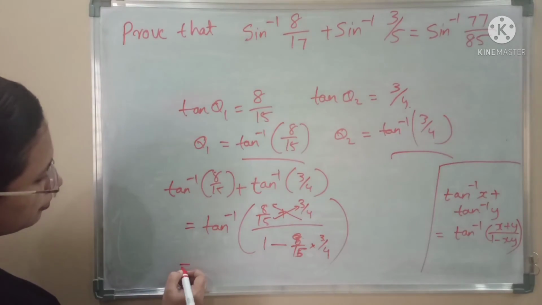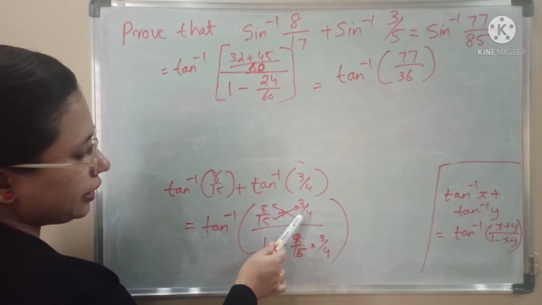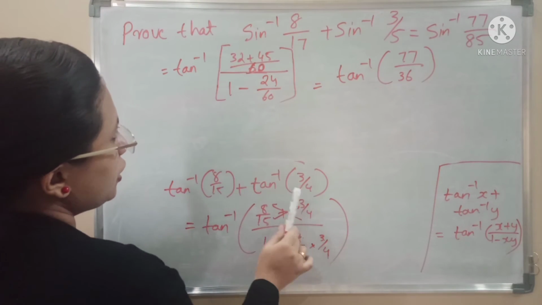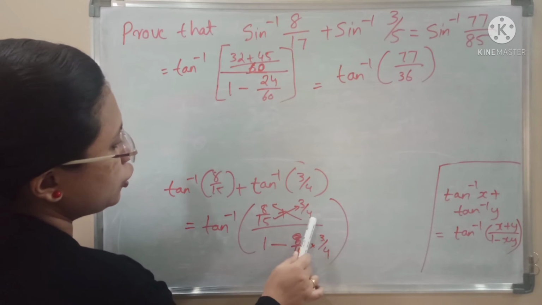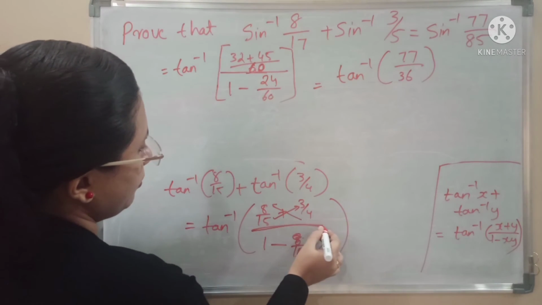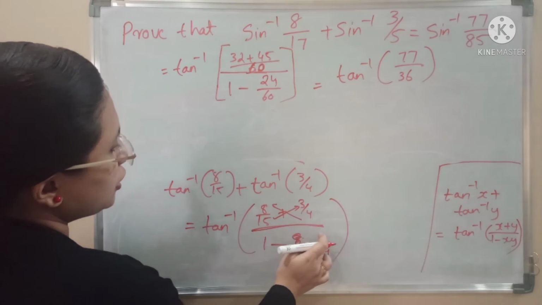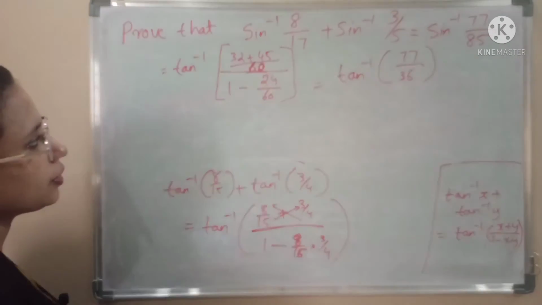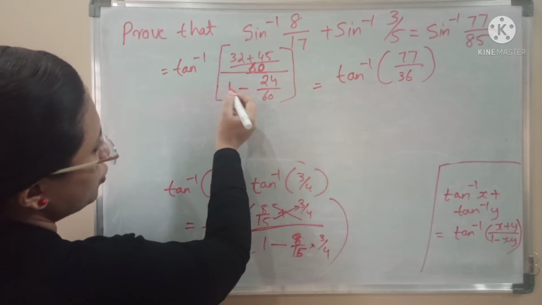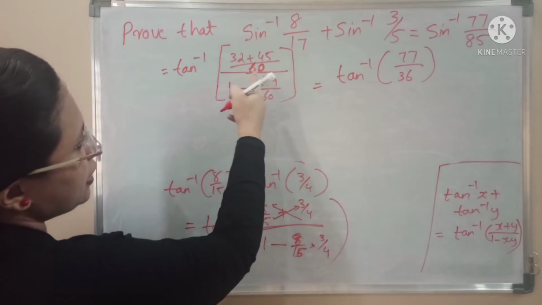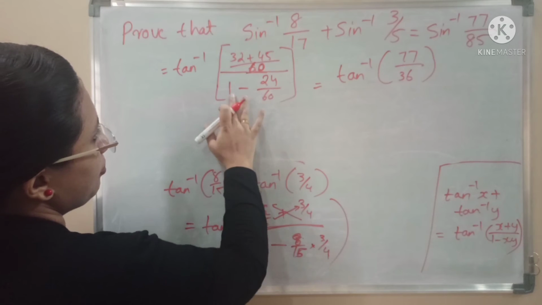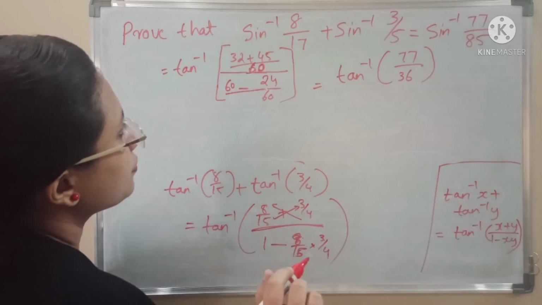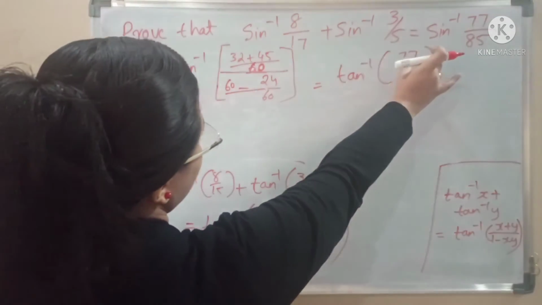So when we do the cross multiplication here, it will be 8 into 4, that is 32, plus 15 into 3, 45, divided by 15 into 4, 60, all divided by 1 minus 8 into 3, 24, divided by 15 into 4, 60. Now again we have to do a cross multiplication here. So 60 minus 24 divided by 60 will come. This value is 77.